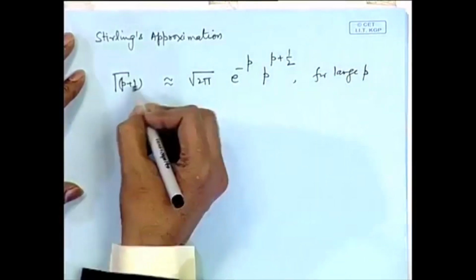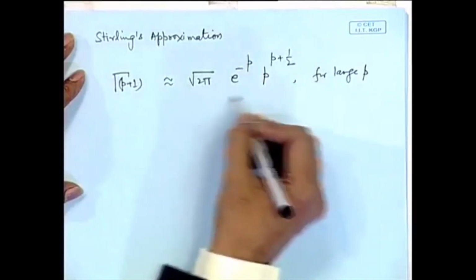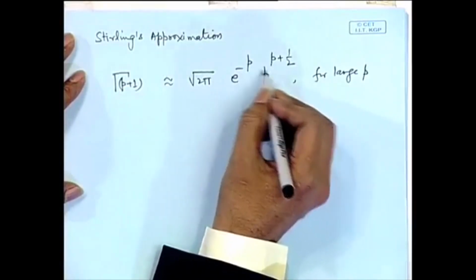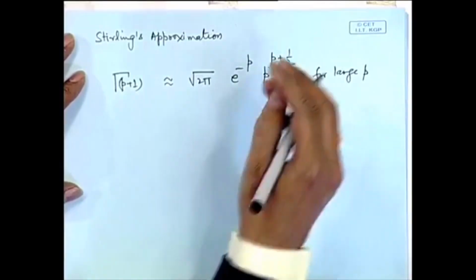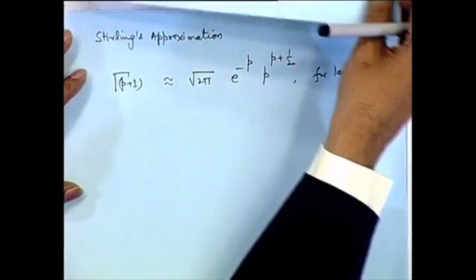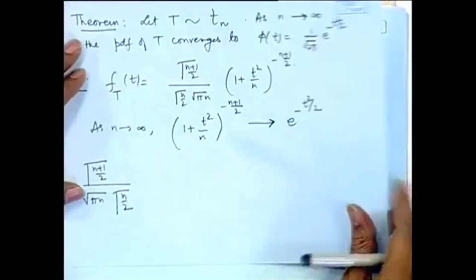That means, for large p, the gamma function can be approximated by an exponential and polynomial type of term.